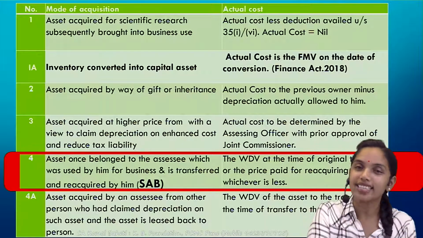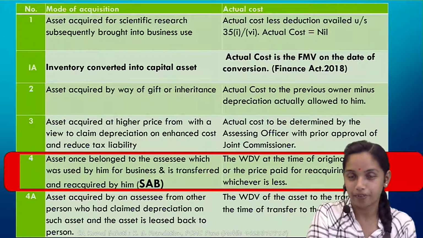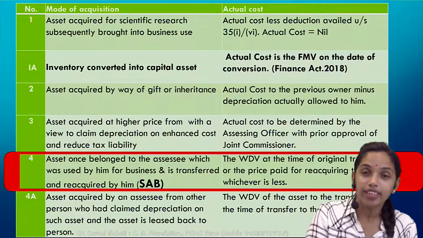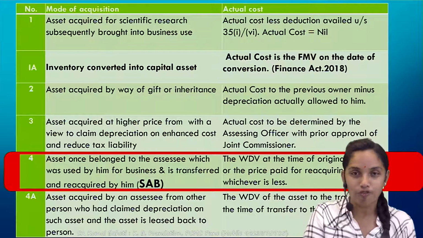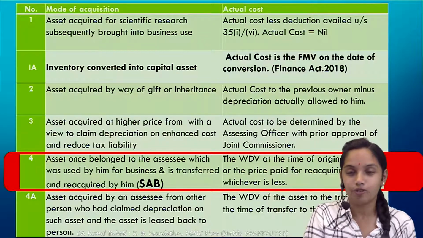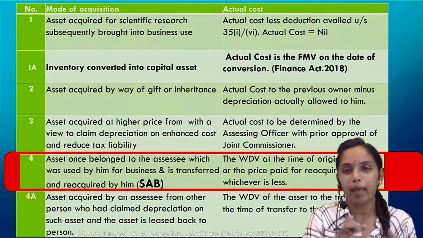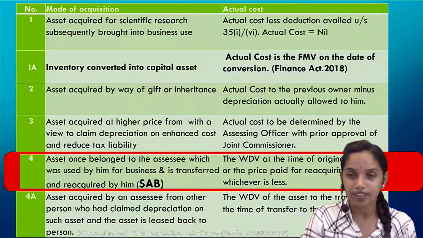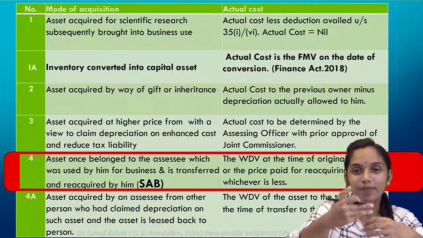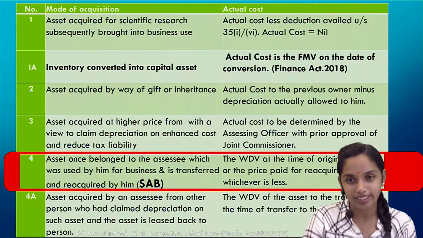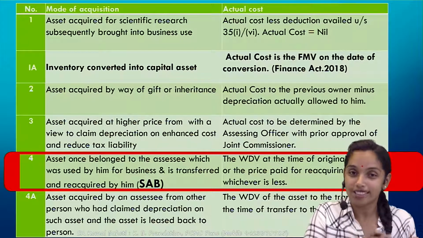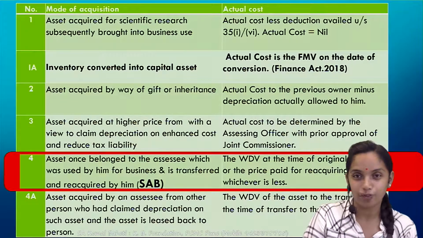So the assessee has a loss of 10 lakh. So what he planned out is he transferred his block of assets, whose WDV is 2 lakh, at 12 lakh. So there is a short-term capital gain of 10 lakh. Correct. That short-term capital gain will be set off with the short-term capital loss. Okay, so the loss of the last year got set off.